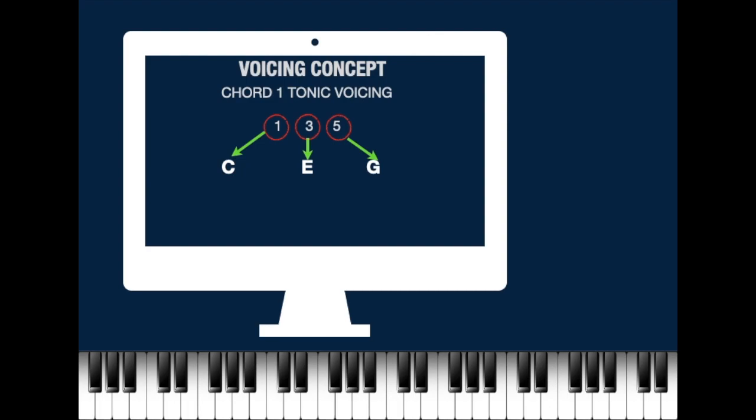If you can understand chord voicing very well, you will find it very, very easy to create passing chord. Passing chord is about chord voicing. So right now, this is C, E, and the G. So the C is the 1, the E is the 3, and the G is the 5. Very, very important. These are the basic foundation you need to know in order not to struggle with passing chord.